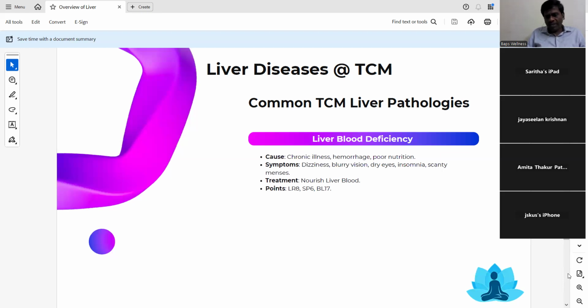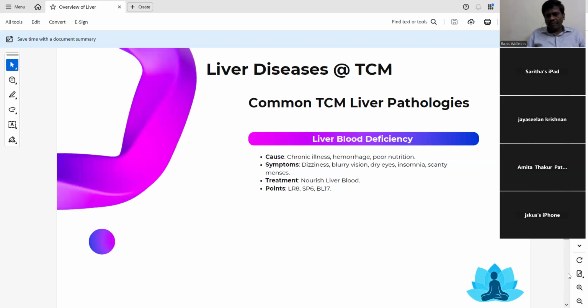In the case of ladies, menorrhagia. Menorrhagia is the condition of longer duration of menstrual blood flow. Then poor nutrition or chronic illness, some kind of disease for a longer duration, which causes blood deficiency.